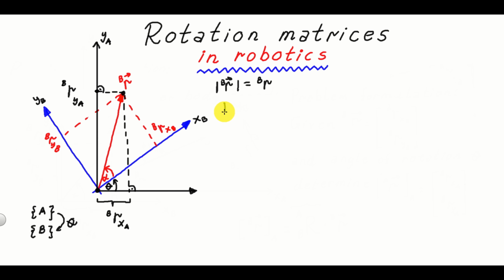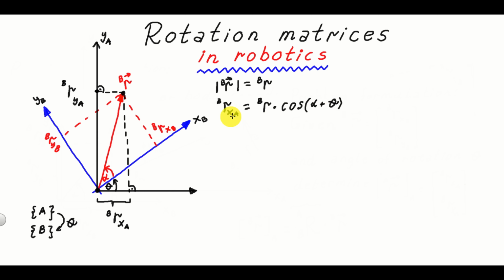We can write this projection like this: RB XA is equal to the intensity of the vector RB multiplied by the cosine of alpha plus theta.